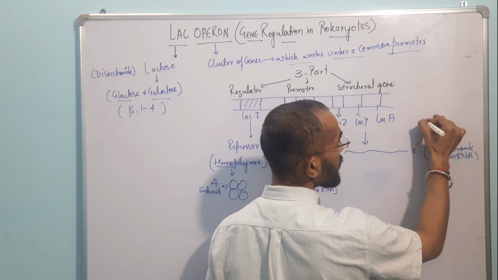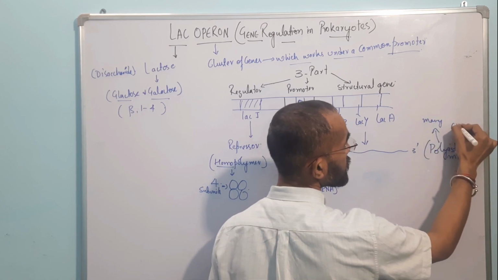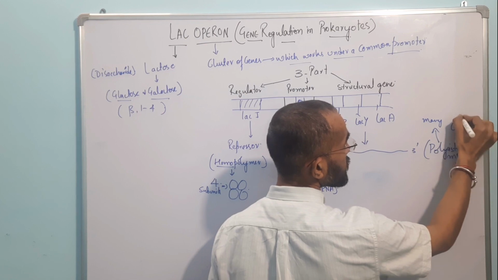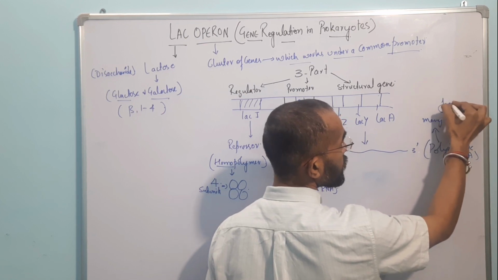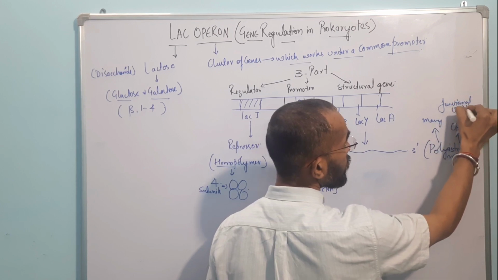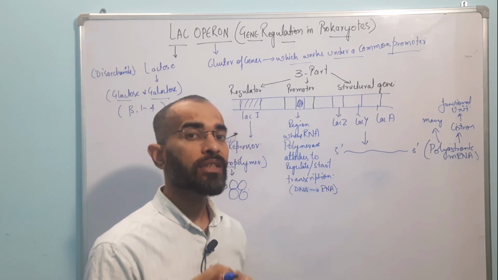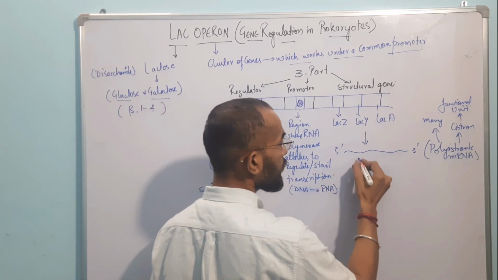Poly means many, cistrons means many cistron, and a cistron is the smallest functional unit which can further form a functional protein, a functional product.